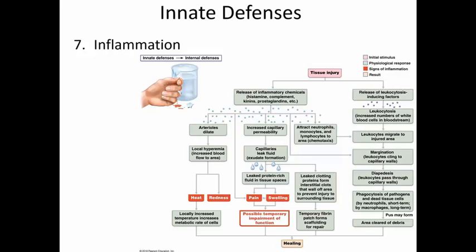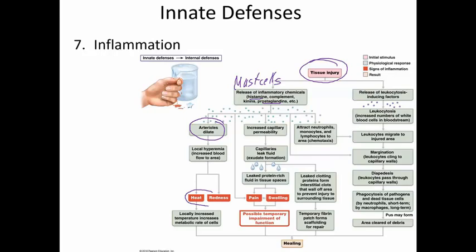All right, last one, inflammation. So this is a very detailed diagram that you can read through. I'm not going to read through everything, but essentially if you have tissue injury or invasion of a pathogen, your mast cells are going to secrete chemicals, for example histamine and prostaglandins, which are going to do things like cause your arterioles to dilate.